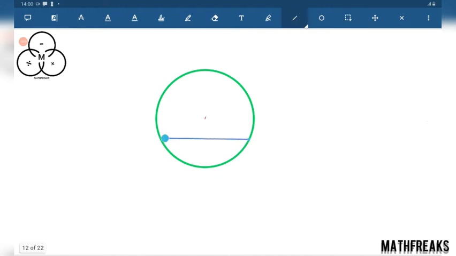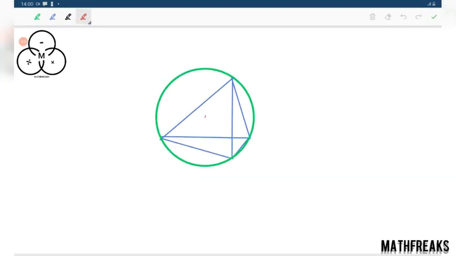We just need to draw two perpendicular chords, which will behave as the diagonals. This is A, this is B, this is C, this is D.